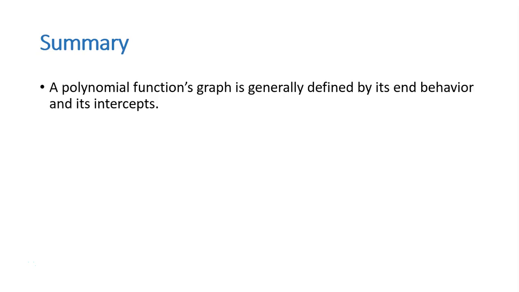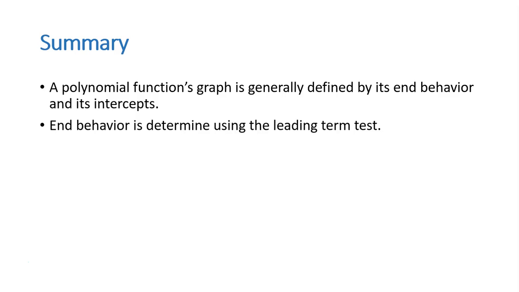So let's summarize what we learned about polynomial functions in this video, specifically about graphing polynomial functions. So a polynomial function's graph is generally defined by its end behavior and by its intercepts. So those are the components we focus on finding in order to generate a graph of the function that we're given.